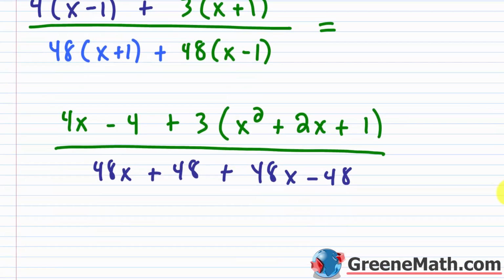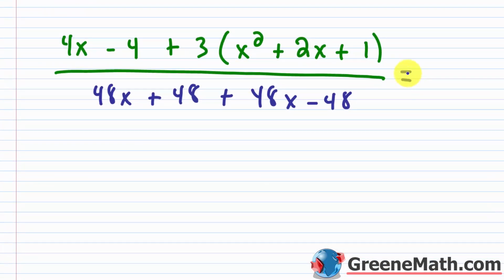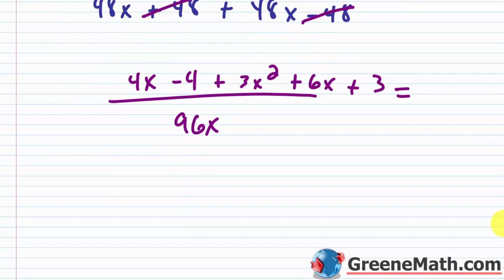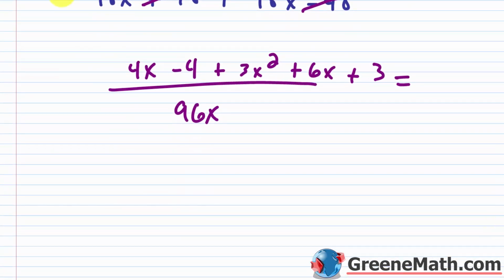So let's scroll down a little bit, get some room going. And I know that this would cancel with this. So that is immediate. I see that my denominator here is going to be 96x. In the numerator, I have 4x, and then I have minus 4, and then I have plus. I've got to distribute this 3 to each term. So 3x squared plus 6x, and then plus 3. So what can I do here? Let's go ahead and put equals there and see what we can combine here.